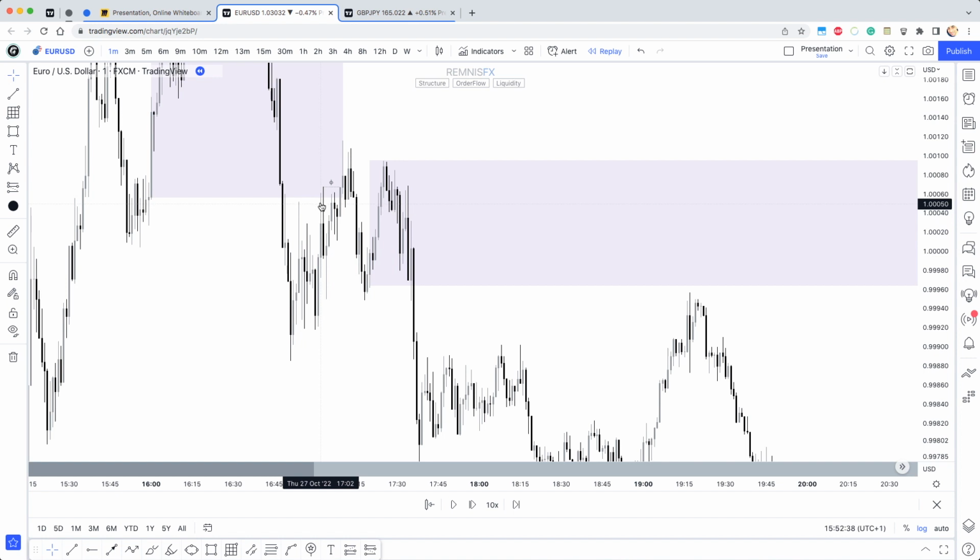Okay, so the price indeed came in, tapped here, and then swept this recent high here, and then left a very big wick here, right? And then the next candle did engulf it. You see, I didn't notice it at first time, but now I certainly do.